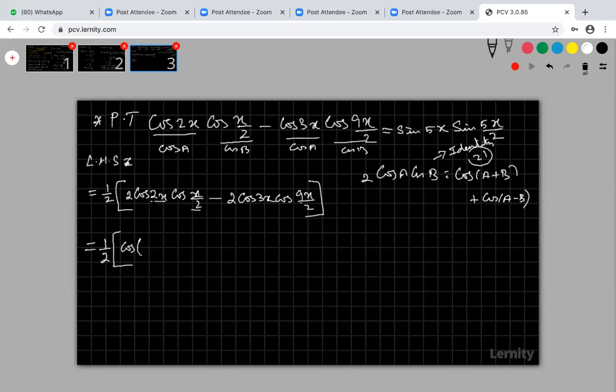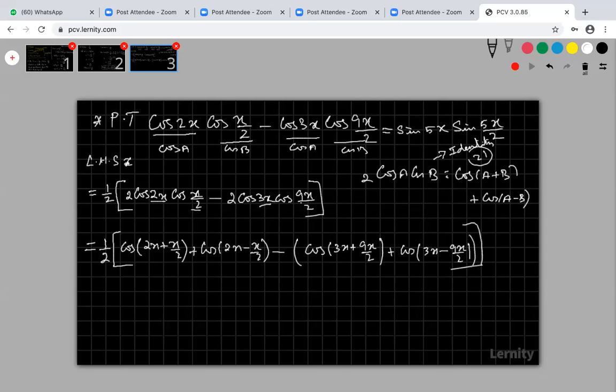So therefore, 1 by 2, and the 2 cos A cos B formula gives cos of A plus B, what is my A? 2x, B is x/2, so 2x plus x/2, plus cos of A minus B, 2x minus x/2. Minus this formula again: 2 cos A cos B, this is my A, this is my B, cos of A plus B, 3x plus 9x/2, plus cos of 3x minus 9x/2. So this is 1 by 2.